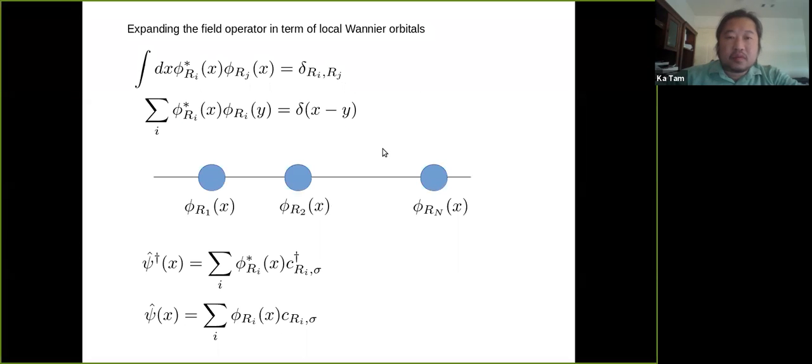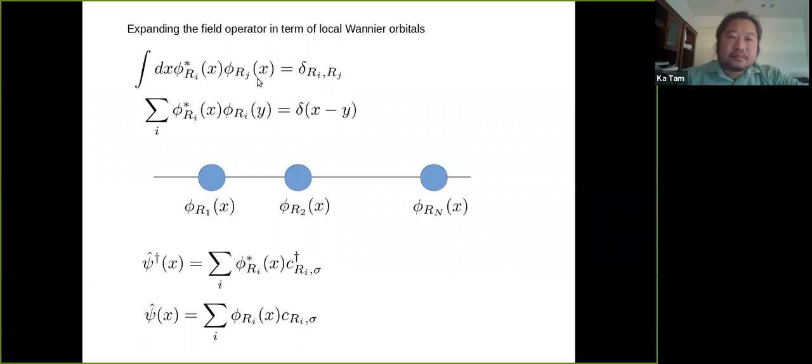So the next step we're going to do is define the local Wannier basis. Let's assume I have a lattice in a one-dimensional chain from orbital 1, orbital 2, orbital 3, orbital 4, orbital 5 to orbital n. Okay. And then these orbitals you can define on local locations, and they have some orthogonal property.